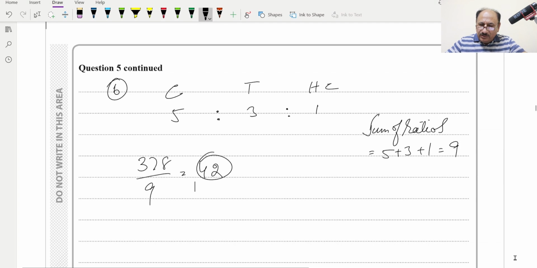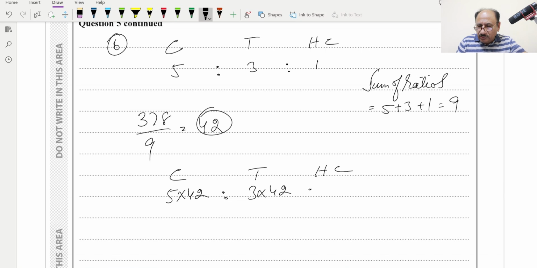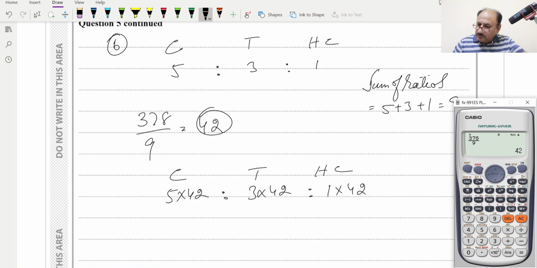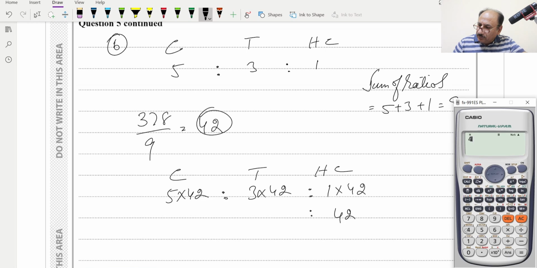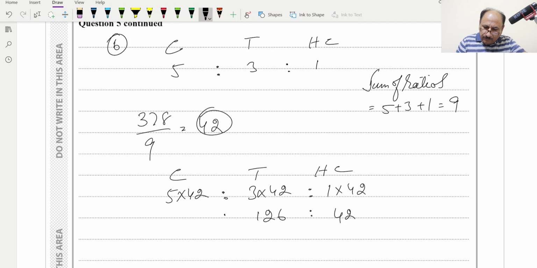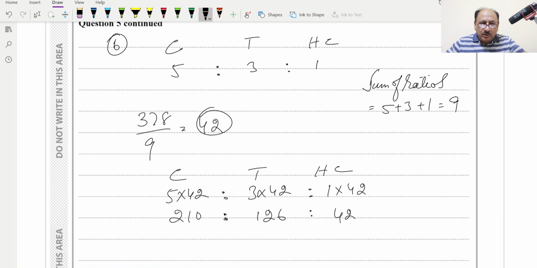So each ratio will be multiplied by this portion. Again, coffee, tea, and hot chocolate: 5 will be multiplied by 42, 3 will be multiplied by 42, 1 will be multiplied by 42, and what will be the result? This will be 42 because multiplied by 1. 42 multiplied by 3 will be equal to 126, and 42 multiplied by 5 will be equal to 210.